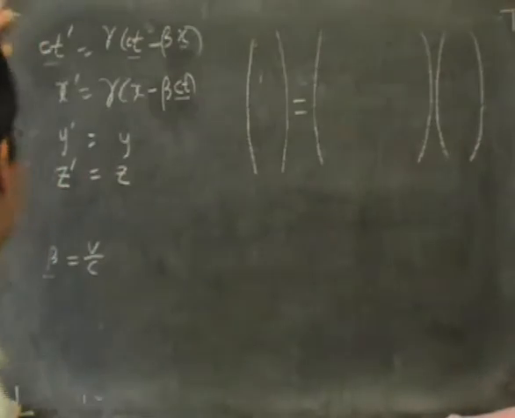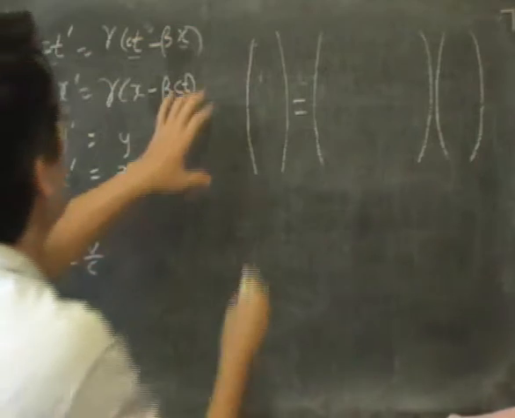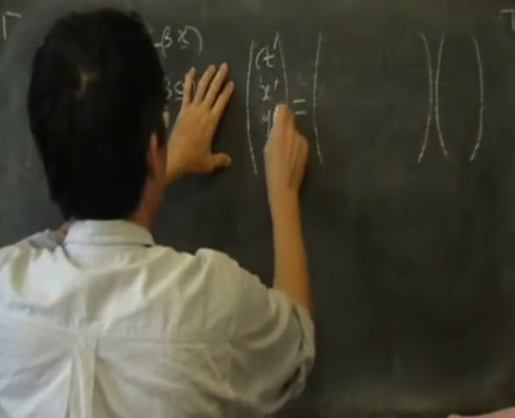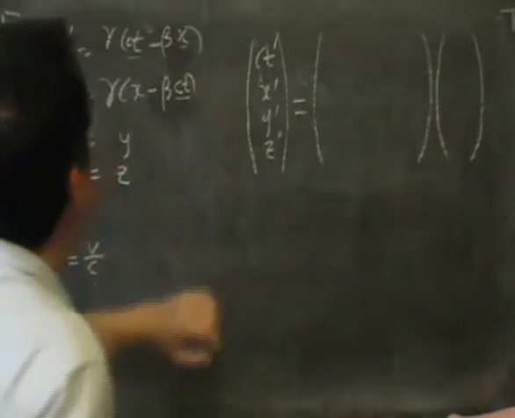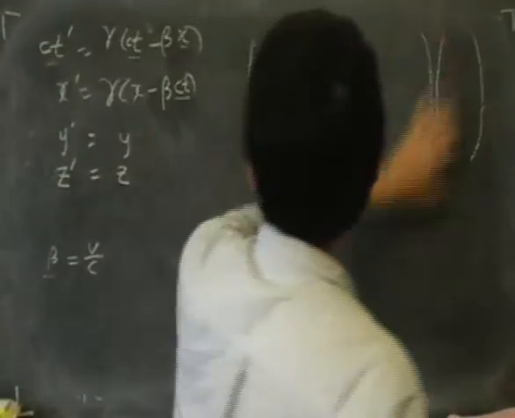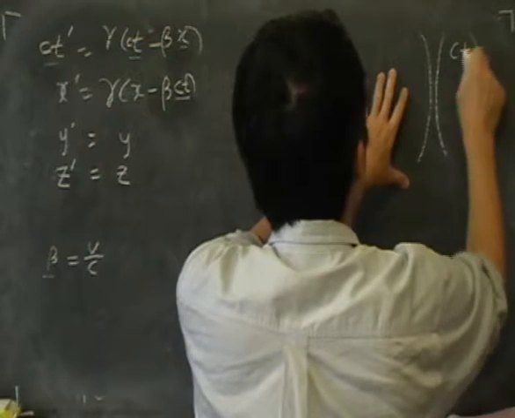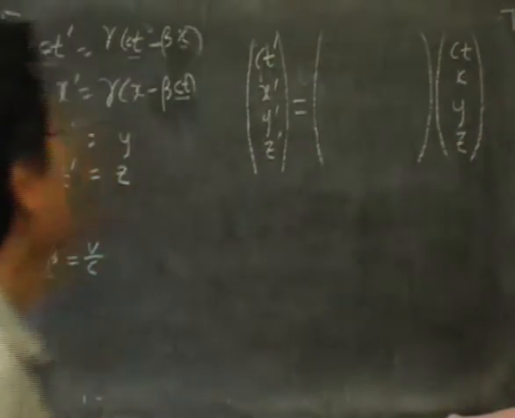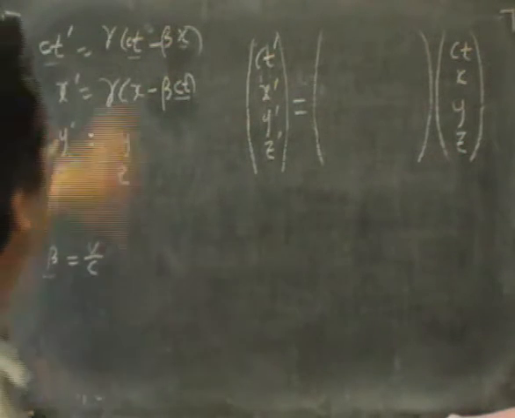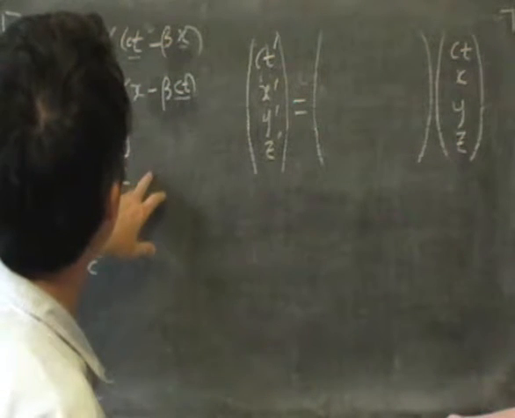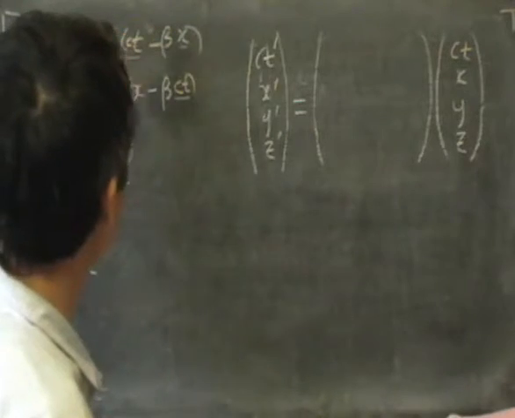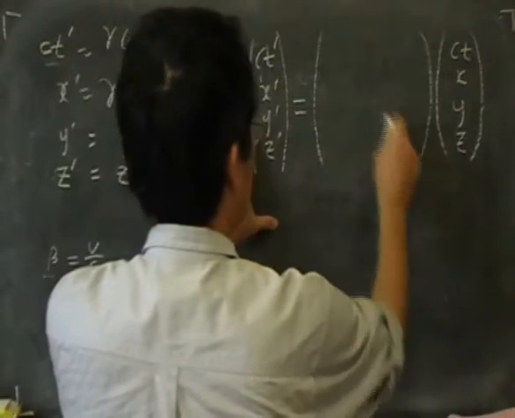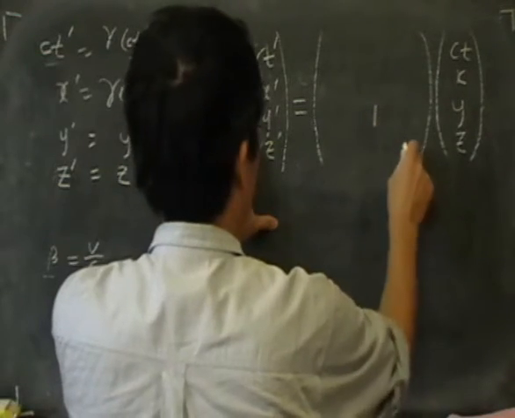The coordinates would be those: ct prime, x prime, y prime, z prime, and that would be the unprimed ones: ct, x, y, z. And in the matrix, we could simply read out the terms from there. I'll start from the easiest. The last two do not change, so it's just 1 and 1.